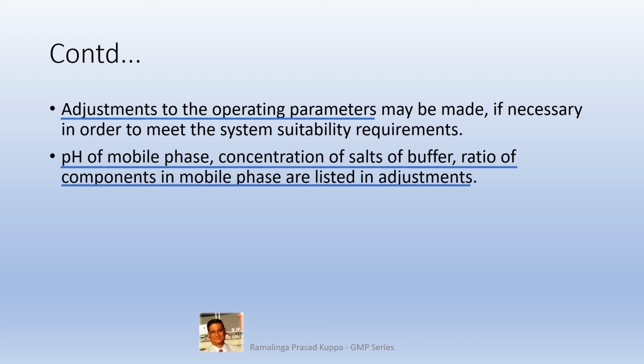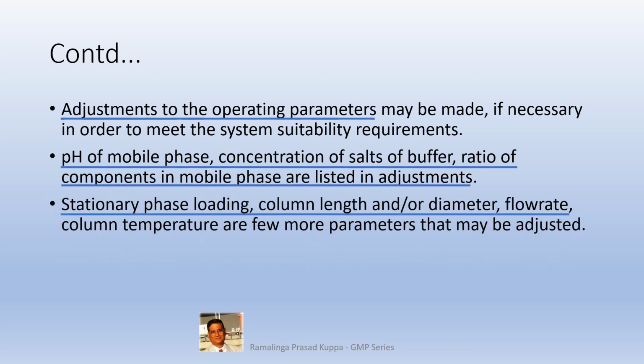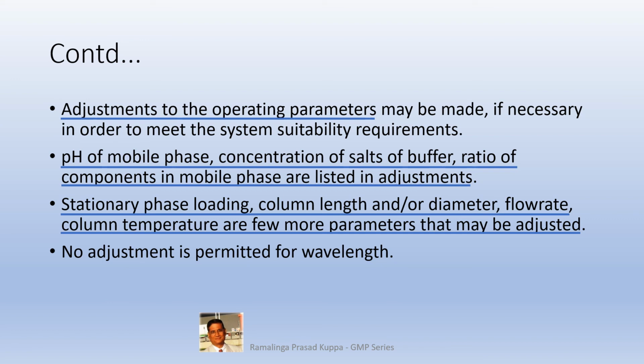These are listed items for possible adjustments: stationary phase loading, column length and or diameter, flow rate, column temperature, and a few more parameters that may be adjusted. No adjustment is permitted for wavelength. This is important. The wavelength has to be within the acceptance criteria of USP 197U.